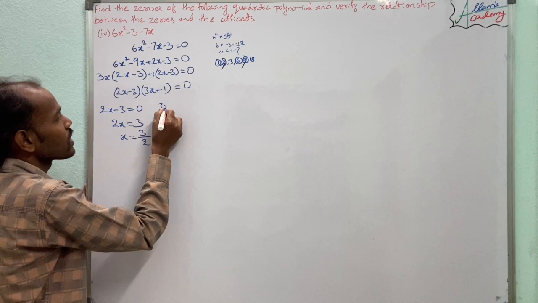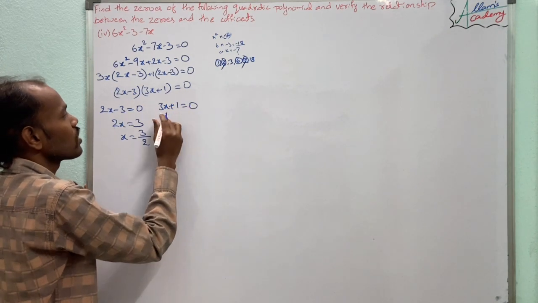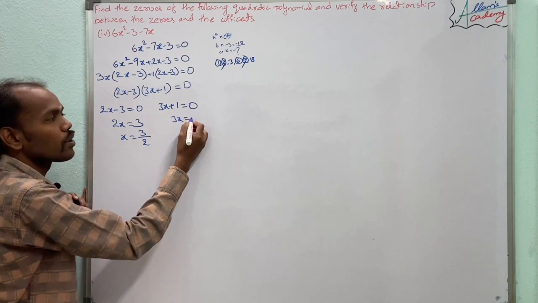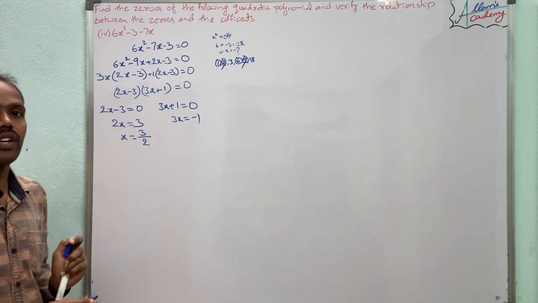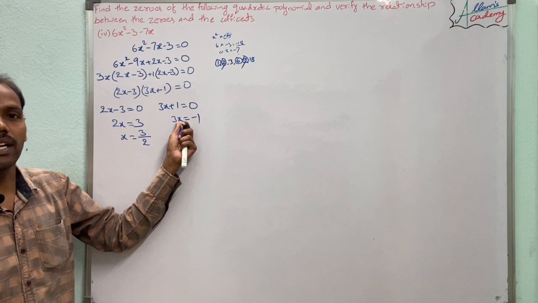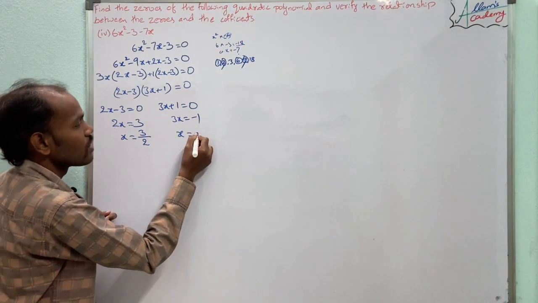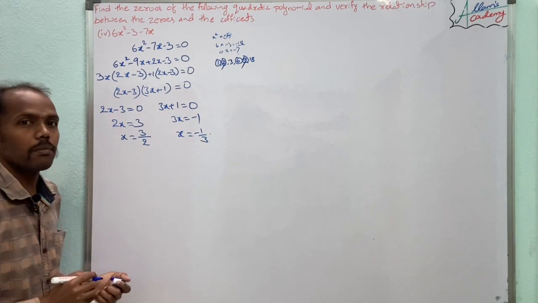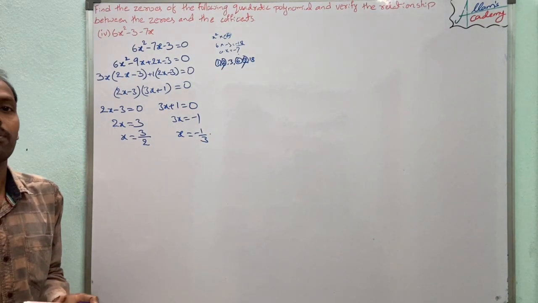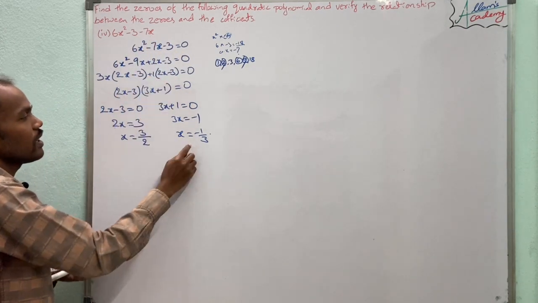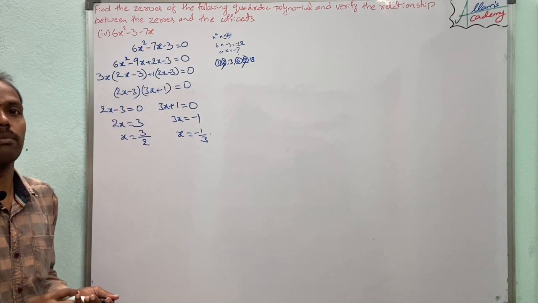Next, 3x plus 1 equals 0, then plus 1 transferred to the other side gives minus 1, so 3x equals minus 1. Then 3 is multiplying x, so it becomes division: x equals minus 1 by 3. So the zeros of the polynomial 6x square minus 7x minus 3 are 3 by 2 and minus 1 by 3.